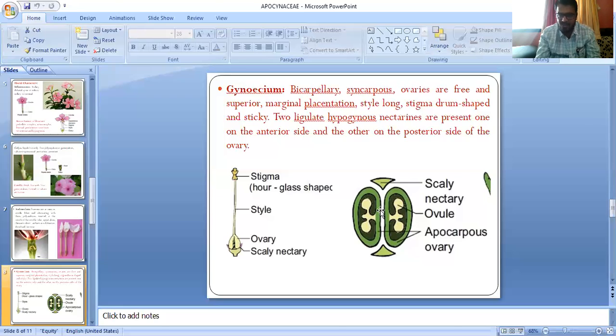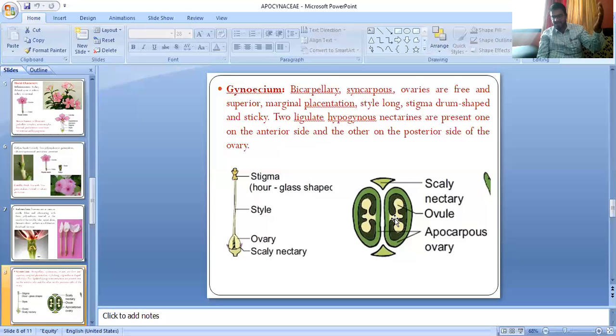That's why this ovary is bicarpellary apocarpous, meaning the gynoecium is bicarpellary apocarpous, right? And it is superior, the ovary is superior. Why?